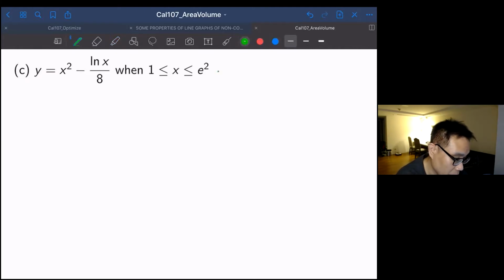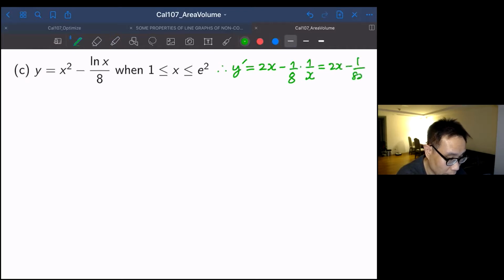So y prime: you get 2x, and the derivative of log, be careful, it's going to be 1/8 first, and the derivative of log is 1 over x. So you have 2x minus 1 over 8x. That's my y prime.